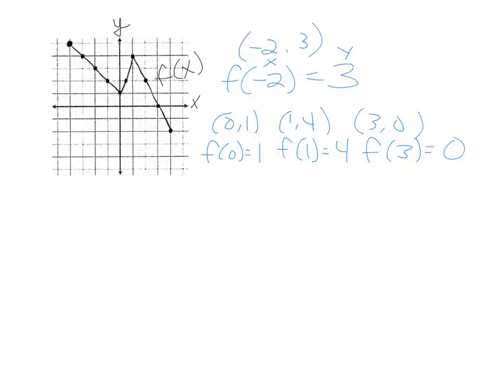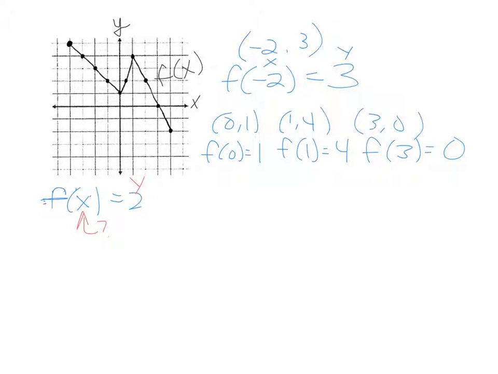Now, if we wanted to find all of the values for which f of x equals 2, that means we want to find every time y is 2, what are the x's that go with it?